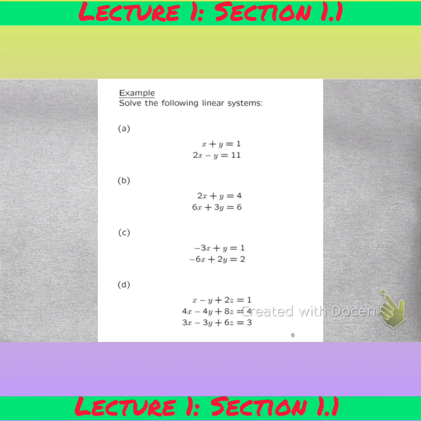The second set corresponds to this linear system as the straight line 2x plus y equals 4, and the second straight line can be written as 2x plus y equals 2.